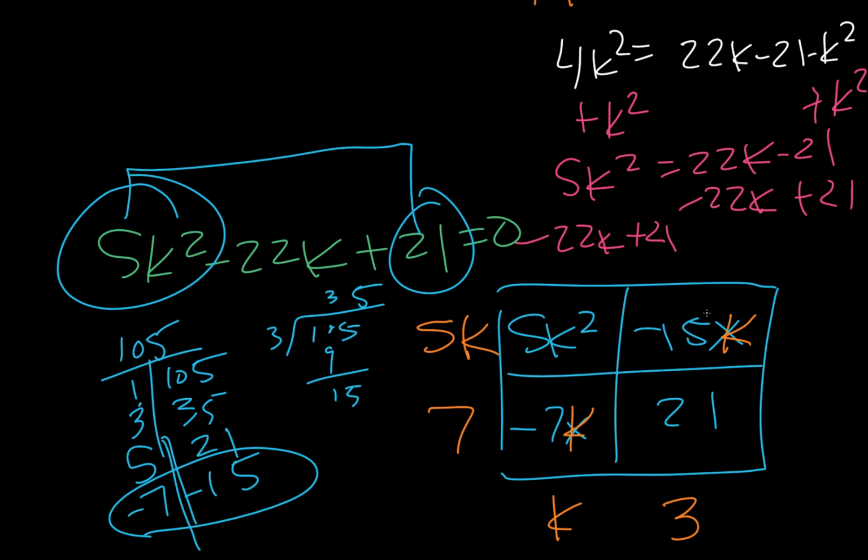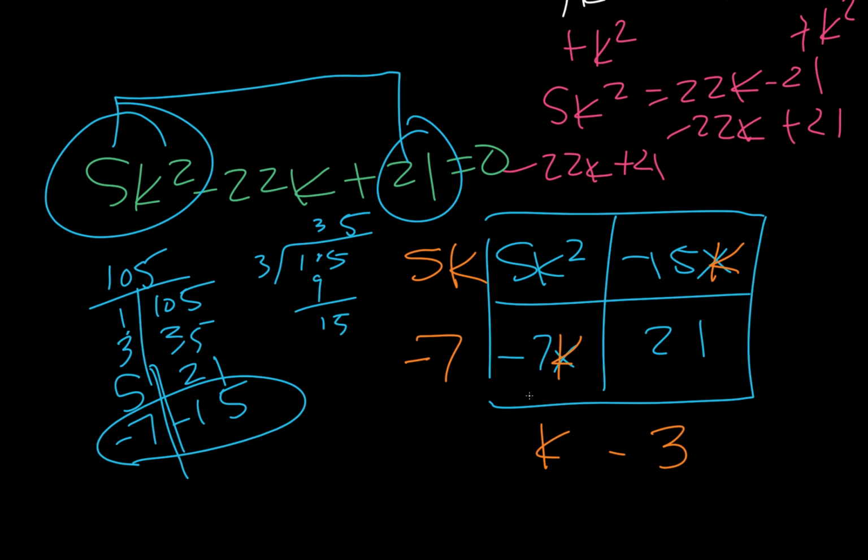Now, because we have a diagonal that's negative, that's a shortcut, and we actually know these will both be negative. So if we do 5k times k, we get positive k squared. 5k times negative 3 would be negative 15k. Negative 7 times k, negative 7k. Negative 7 times negative 3, positive 21. So that works out.